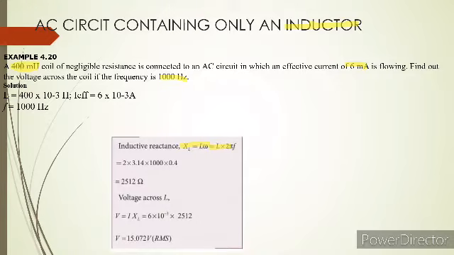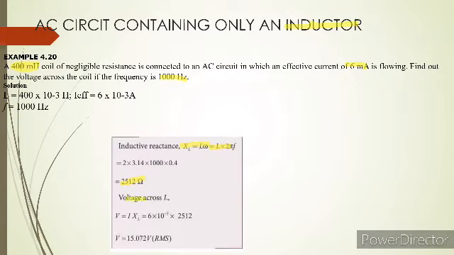So by substituting, L is 400 millihenry, which I have converted into henry, so I've got 0.4, and 1000 is the frequency, and 3.14 is the pi value, and 2 is as usual 2 pi f. By multiplying it, you will get 2512 ohms, because inductive reactance has its SI unit as ohms, right? So we'll write it as ohms.